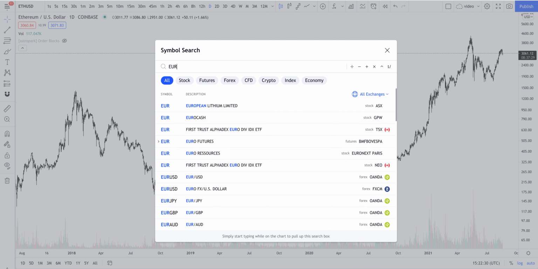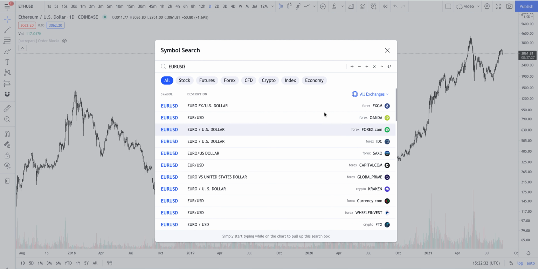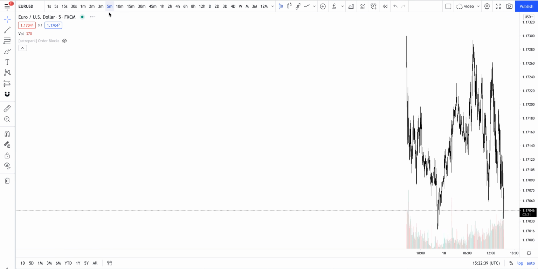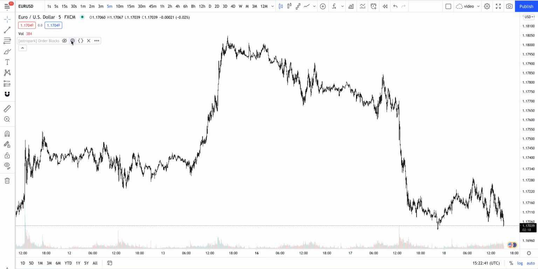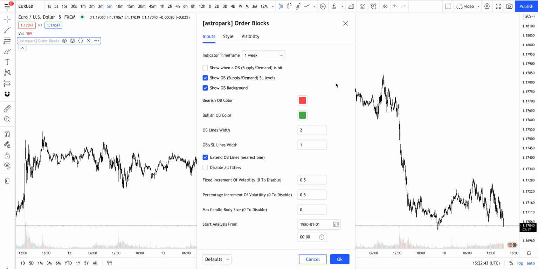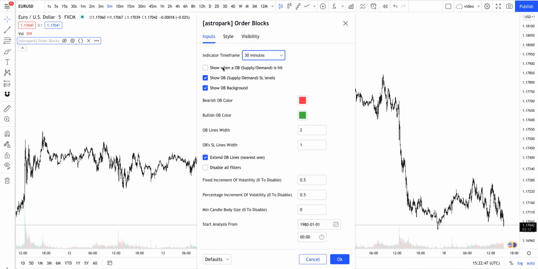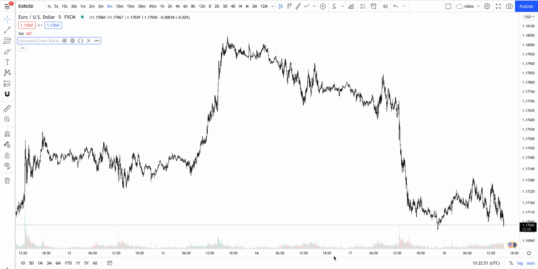Let's check, for example, a forex pair. Let's move to 5 minutes and let's check. A lot of traders ask me about this kind of setup.